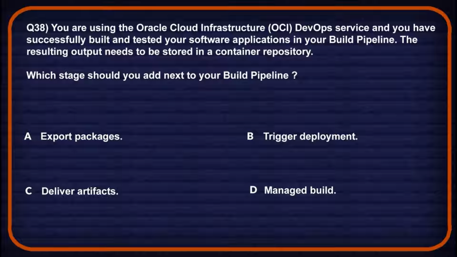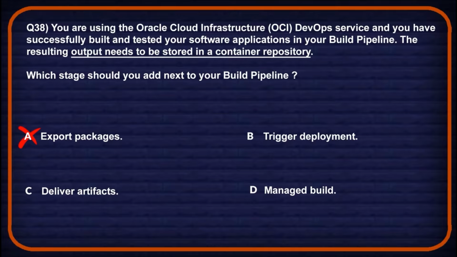Option A, export package. Export package is not a valid stage in OCI DevOps for storing build outputs in container repositories. So option A is not a good answer. Moving on to option B, trigger deployment. Trigger deployment initiates artifact delivery to an environment, not storage in a container repository. So option B, again a wrong choice.